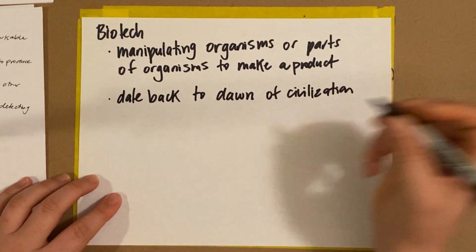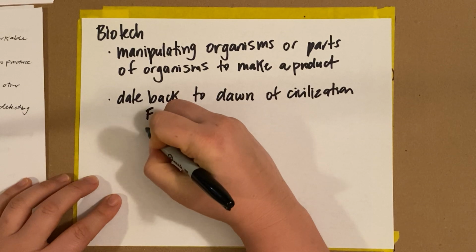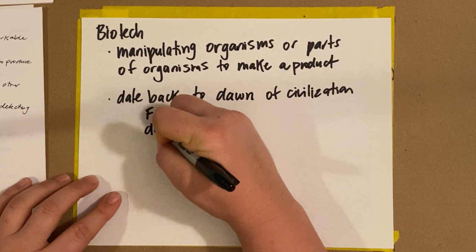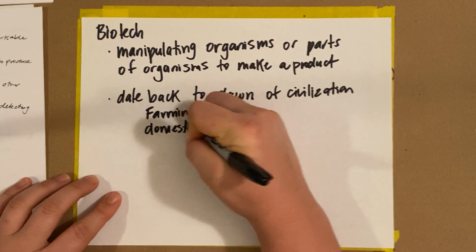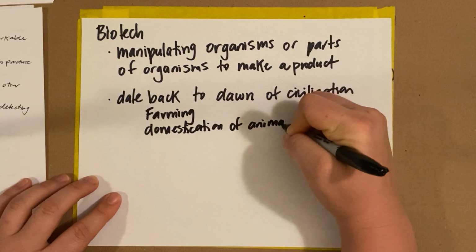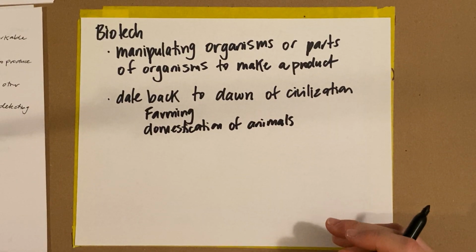Okay, so when we started farming, when we started kind of domestication of animals, those types of things can be considered kind of manipulating organisms.